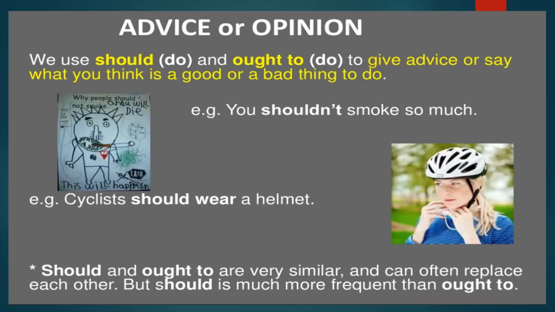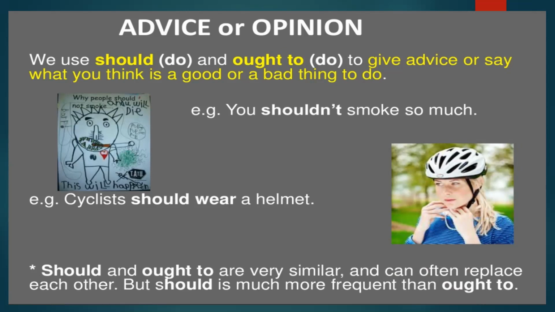Advice, as I said, is an opinion. Advice is something where you have a choice. You go for it or you don't. If you don't like it, you don't do it. You shouldn't smoke so much. They are advising, so it is up to you. If you accept it, then you have a choice here. You should wear a helmet.